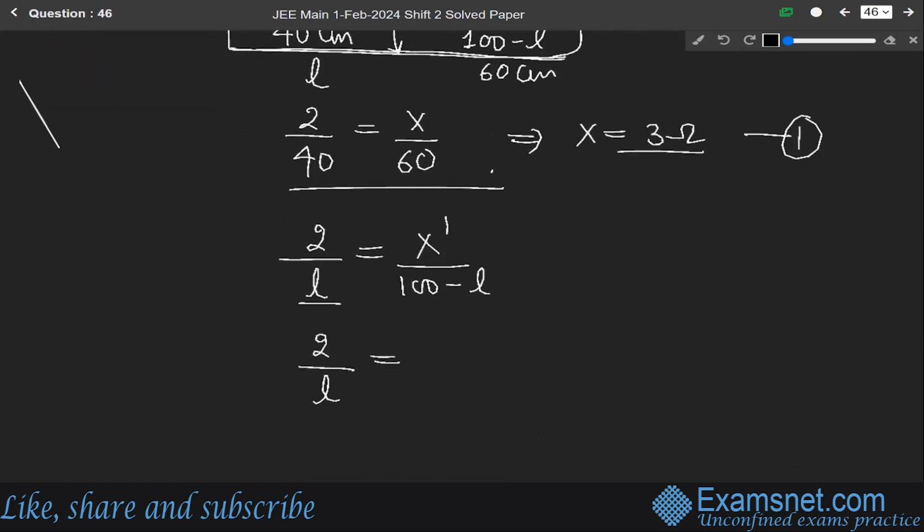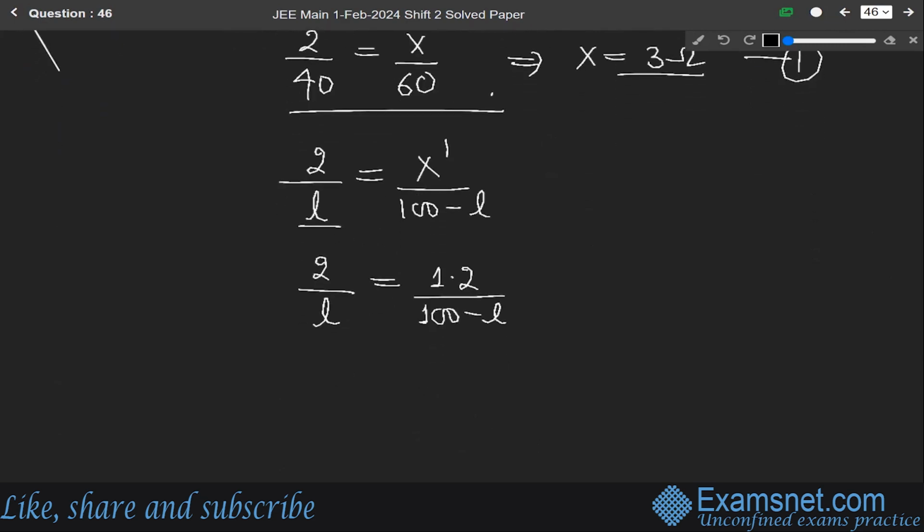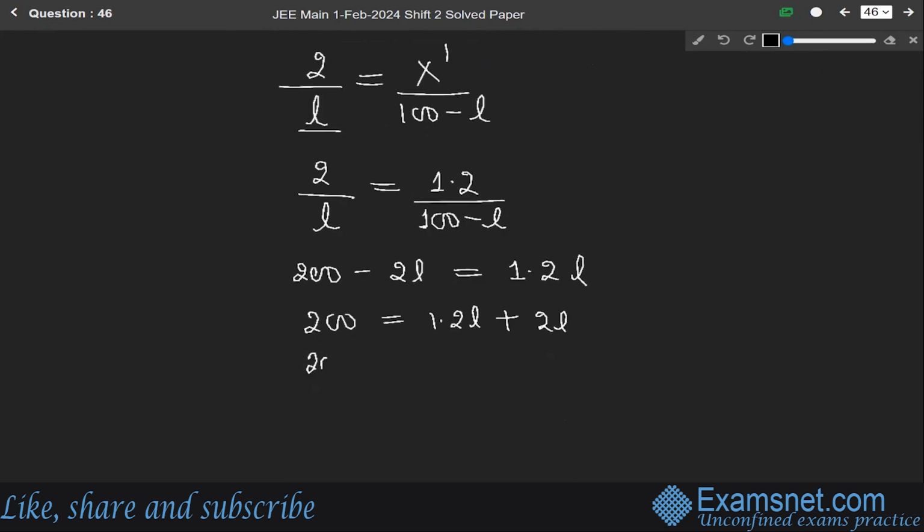So 2 over L equals 1.2 over 100 minus L. Now solving it, we get 200 minus 2L equals 1.2 L. So 200 equals 1.2 L plus 2L, so 200 equals 3.2 L. So L equals 200 over 3.2, which is 62.5 centimeter.